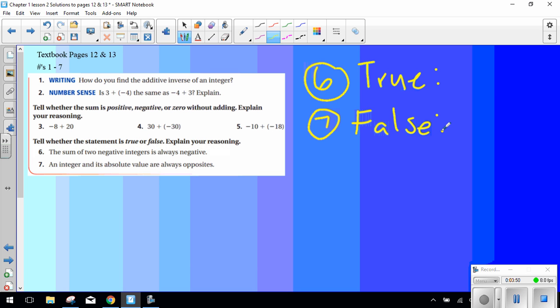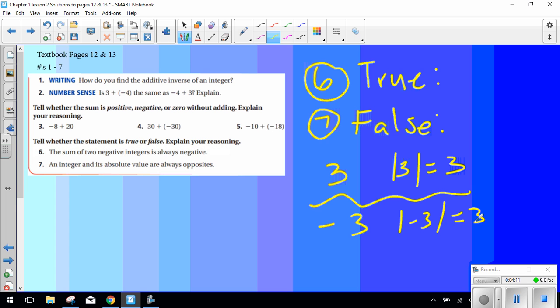It's false because if you have an integer, say 3, and you take its absolute value, you still get 3. The statement says an integer and its absolute value are opposites. That's only true when you use, for example, negative 3, and then you take the absolute value and you get 3. So unfortunately, that's not always true, so we have to say false.